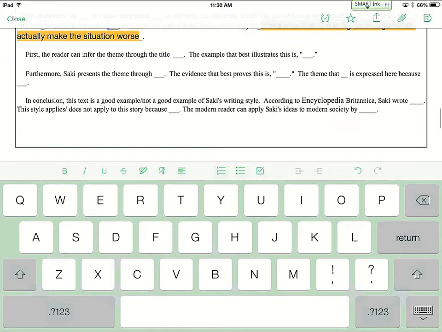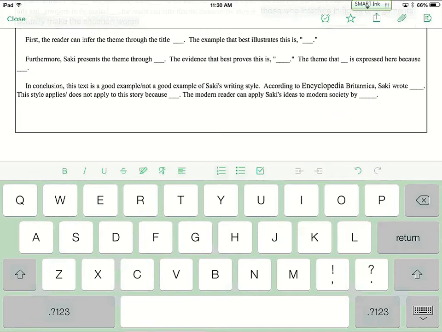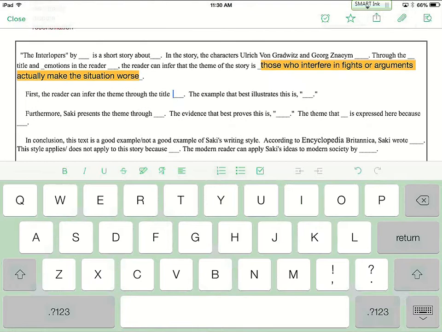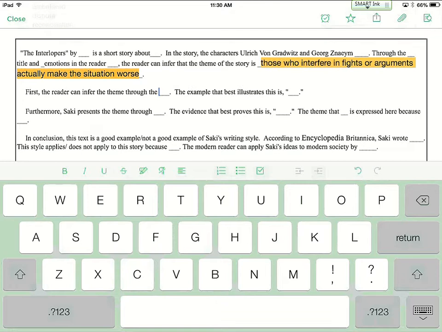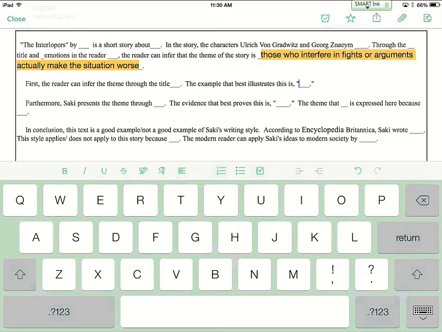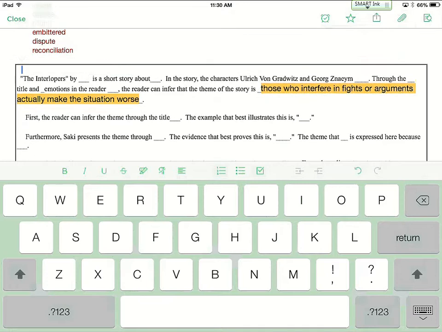Now, the first body paragraph says, first the reader can infer the theme through the title blank. It actually says through the blank, and now you want to write title, because that's what you put in your thesis. So you're just going to say it here in the blank.